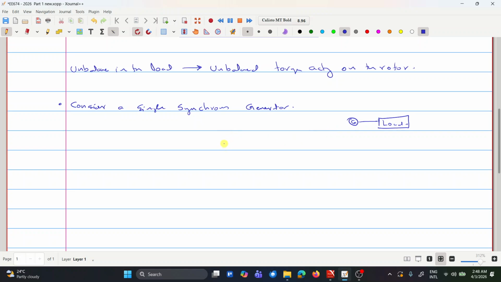That will create the mechanical torque in the system in Newton meters, right? And then on the load side, the variation of load will create an electrical torque on the generator shaft, in Newton meters.